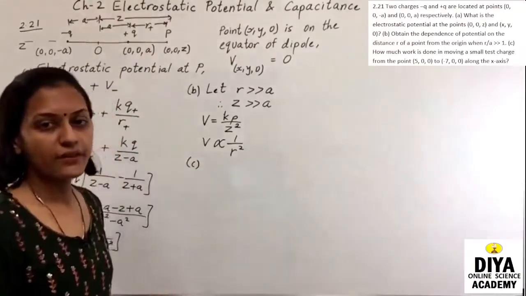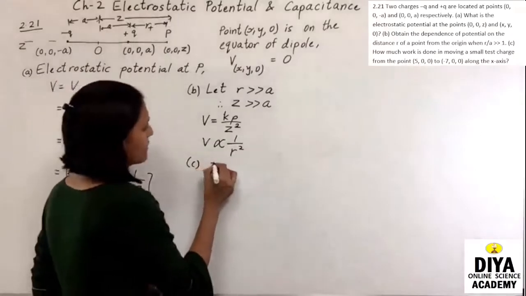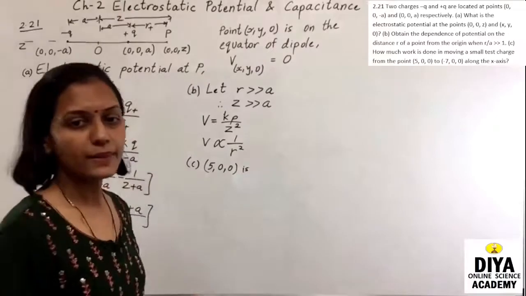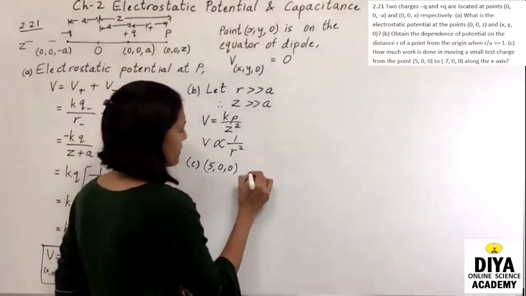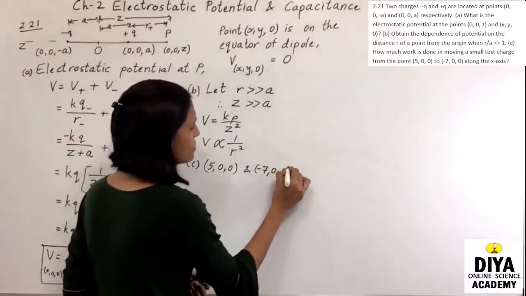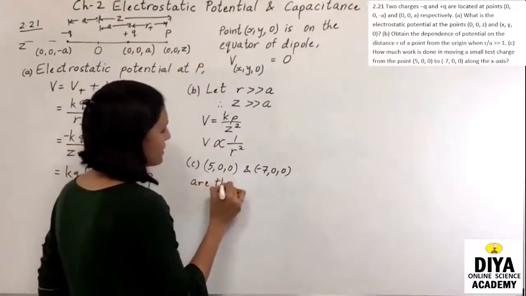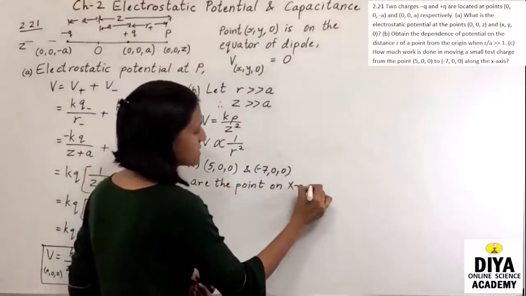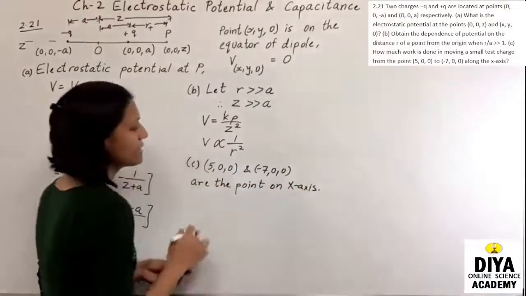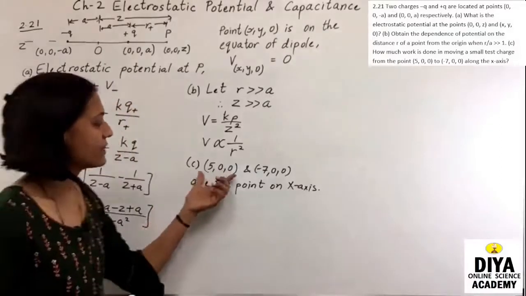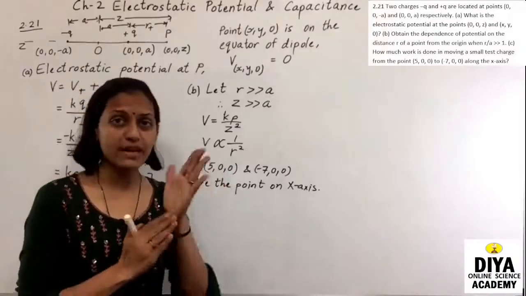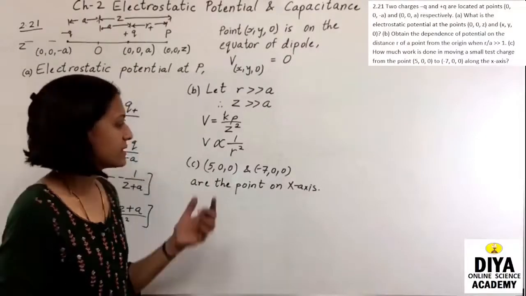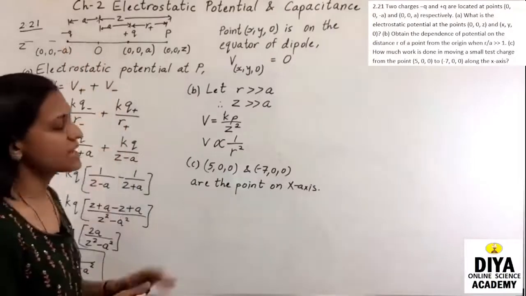Where is it? 5, 0, 0 and minus 7, 0, 0 are points on the x-axis. So we have already said that in the xy plane, on the x-axis or on the y-axis, the distance will remain the same.